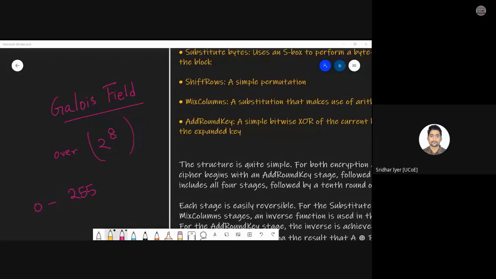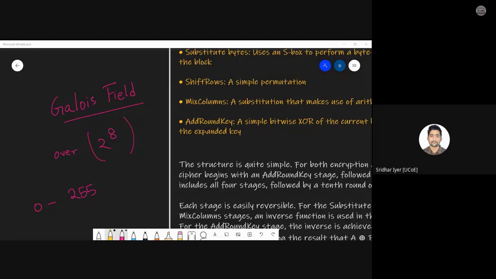That is what I said: when you see the explanation, you will say that we have already done this during our modular arithmetic. Mod 26: no values could be more than 26. Similar kind of concept over here. If I say Galois field over 2 raised to 8, it simply means that whatever values I get should be within that range, 0 to 255 only.